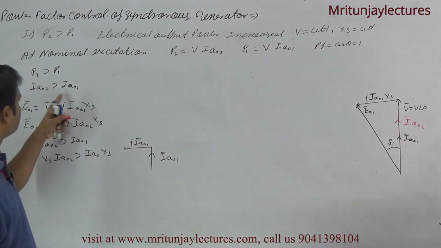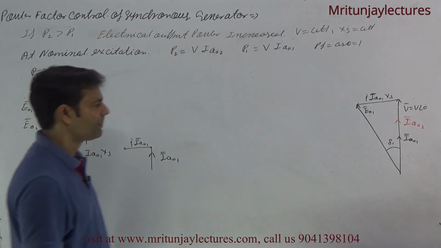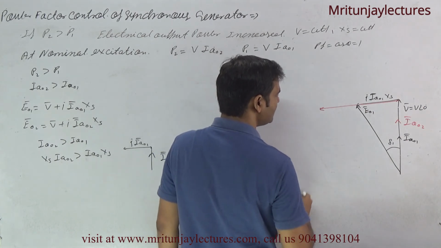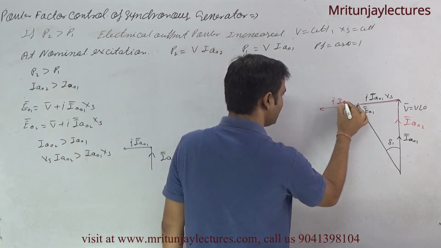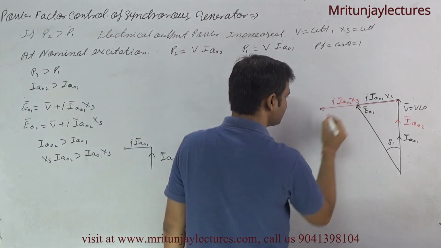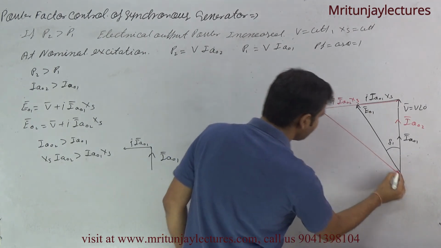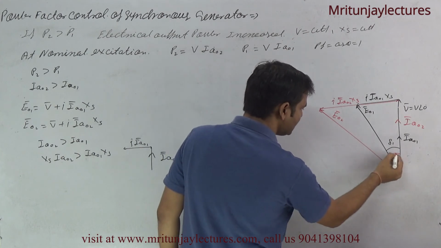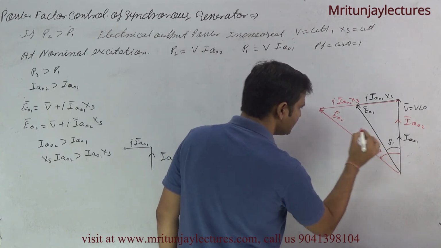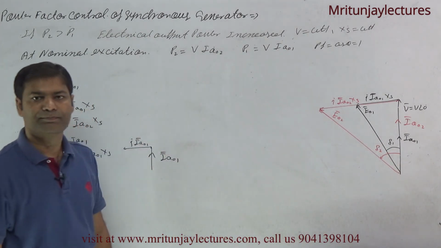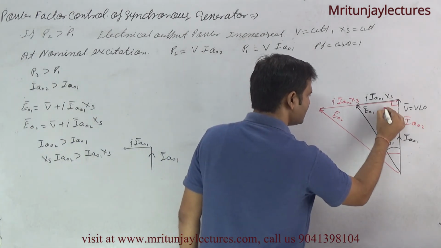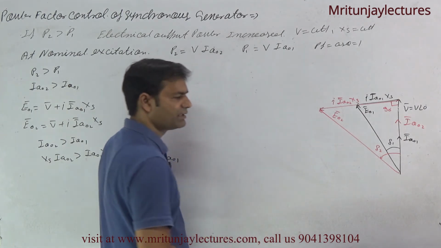Okay, clear? That's why I represent it here. And the voltage drop corresponding to IA02 is JIA02 into X. So what about this one? It represents E02, and that angle is delta 2. Clear? And this one is 90 degrees. Clear?